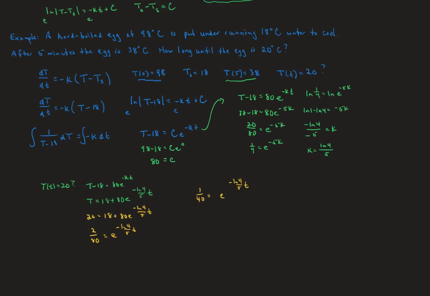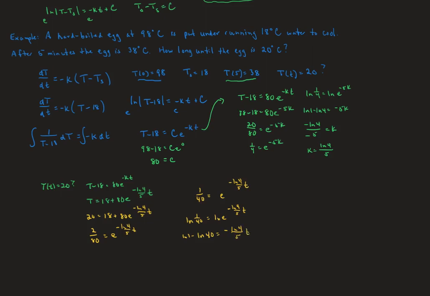We can take the natural log of both sides, and we've done this a few times now already. So that's going to be natural log 1 minus natural log 40 equals negative natural log 4 over 5 t.